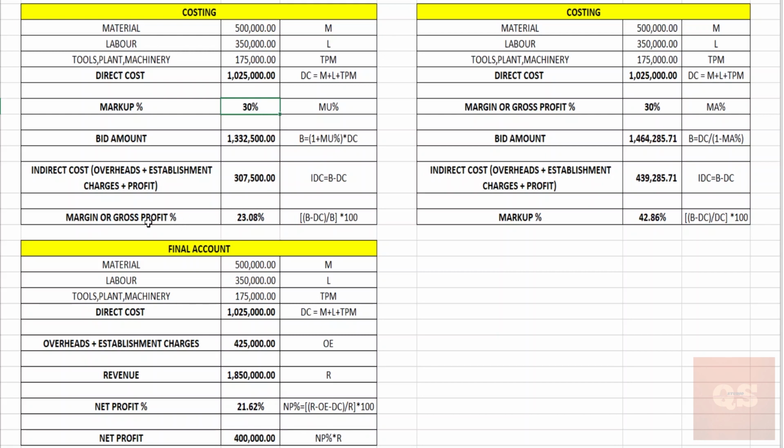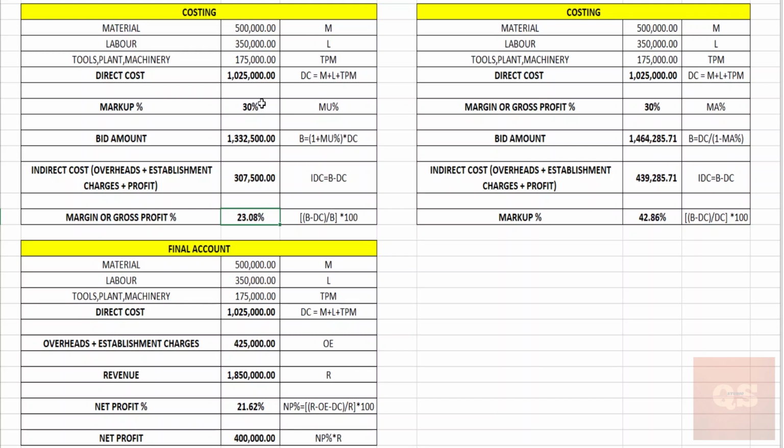Here if you see your margin or your gross profit percentage, that is going to be 23.08%. The formula of that is your bid amount minus your direct cost divided by your bid amount into 100. So if you do that math, you will be getting 23.08%.